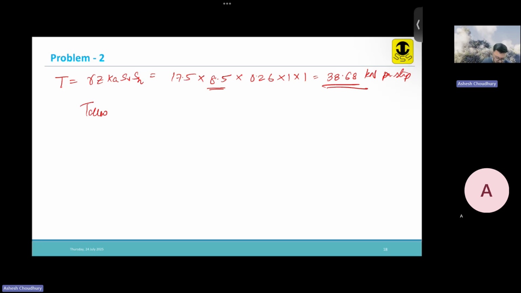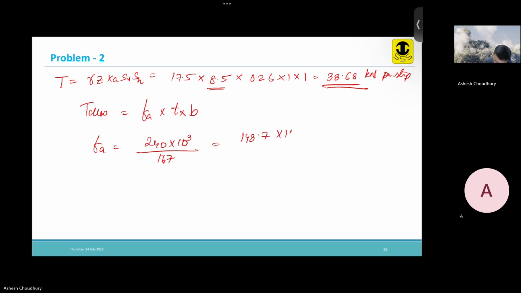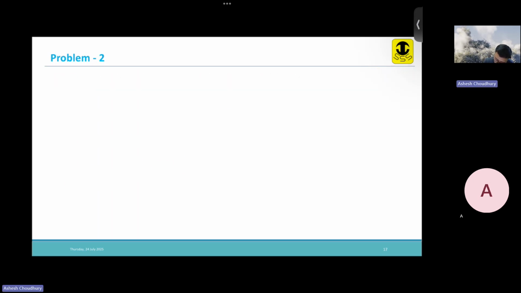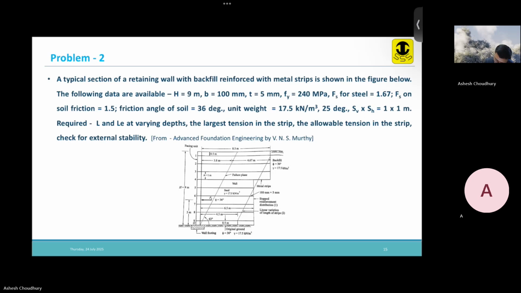Okay, now what is my T allowable? The allowable tensile strength is Fa into T into P. Now Fa is Fy by some factor. Okay, 40 MPa given.